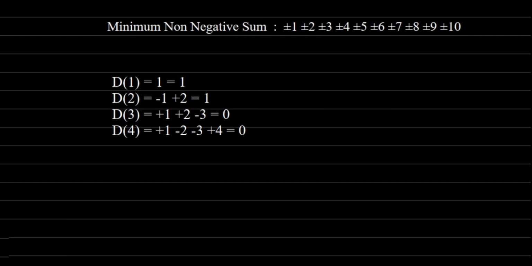So let's try for a general value of n here. We can keep going like this. Let's try 5 before the general value. We have the numbers 1, 2, 3, 4, 5.